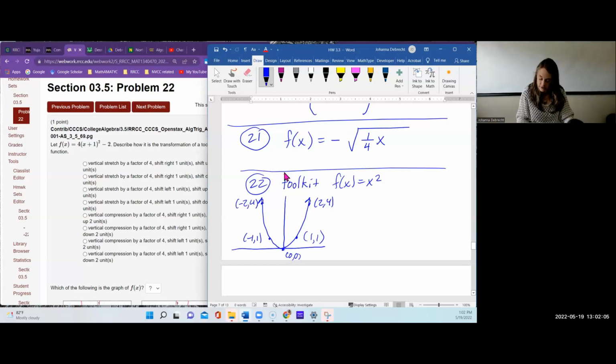What's happened to our function? Our function has been transformed. We have 4 times x plus 1 squared minus 2. The 4 is outside the square, which means it's outside the notation, which means that it is a vertical stretch by a factor of 4.